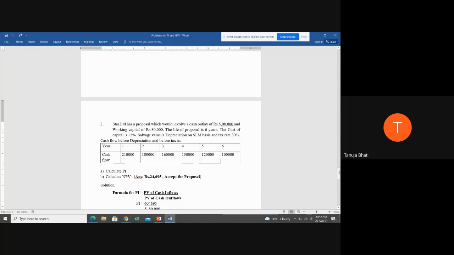This one thing you have to remember. The second thing you need to know is you have to calculate the PV of cash inflows and PV of cash outflows based on the discount factor, using the FM tables, table number 3. So these are the two important things which you need to keep in mind while solving problems on NPV and PI.